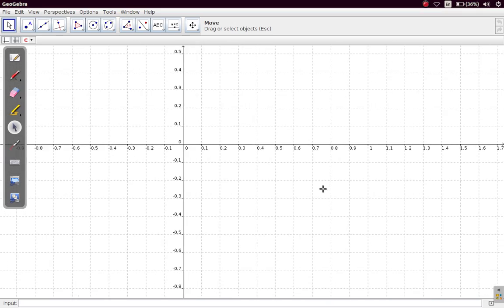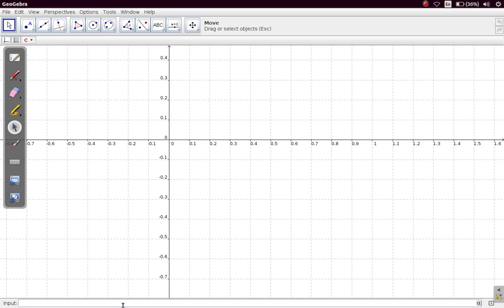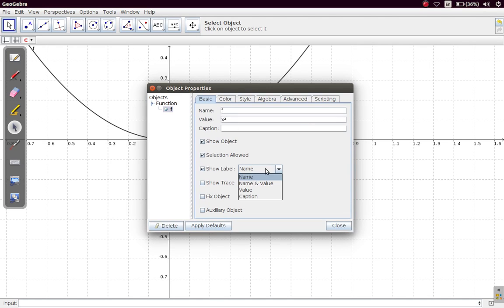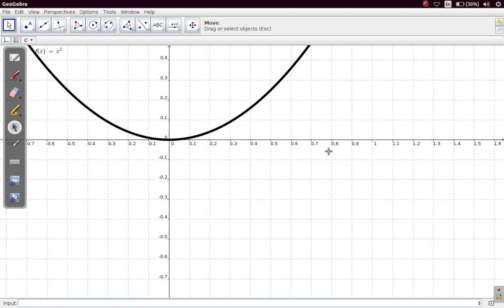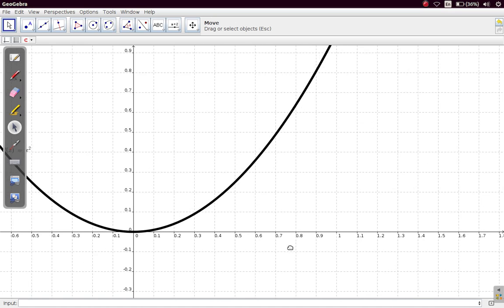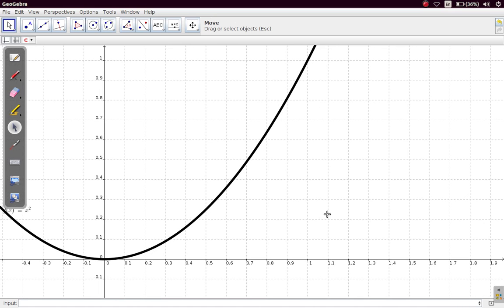So there we have it. y equals x raised to the power of 2. Aha, there we have our curve. Let us set up our curve. I want to see the name and the value, the equation, and make our curve thick. Now we have our 0 here. We have our 1 here.